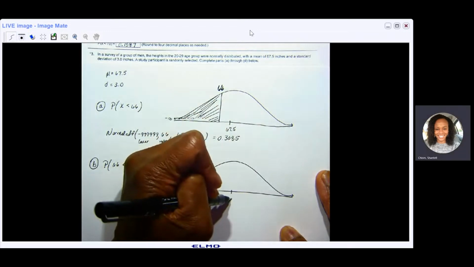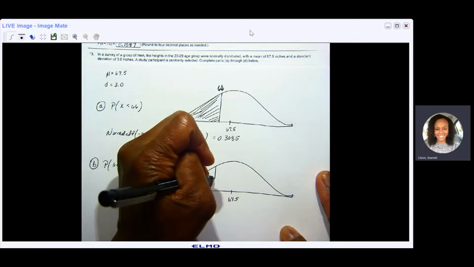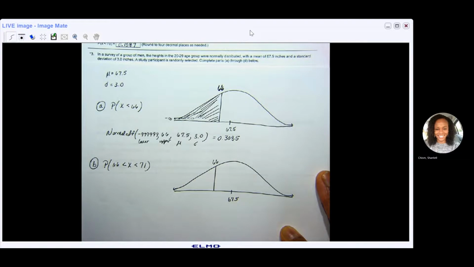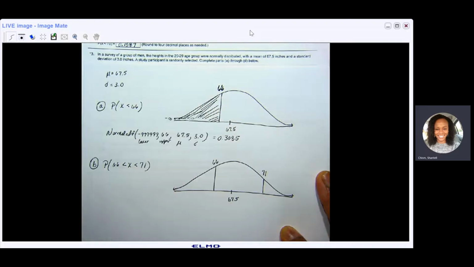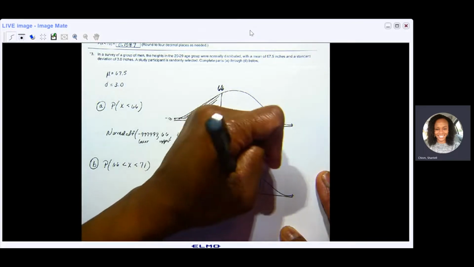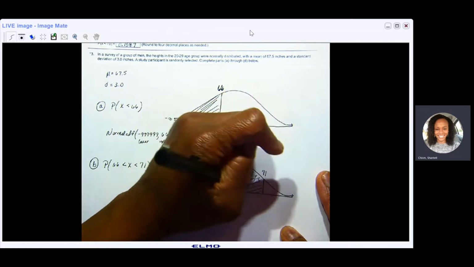The mean is still there at the middle. 66 is a little smaller than 67, so I'm going to put 66 about here. And then 71 is a little bigger than 67, so I'm going to put it over here. And we want the probability that X is between them. So we're looking for this shaded region between those two bounds.